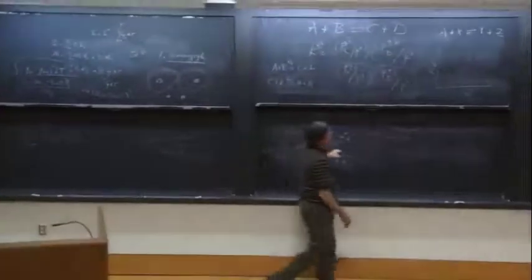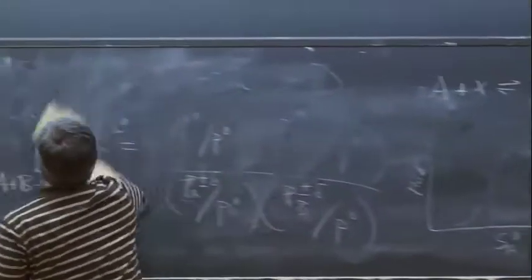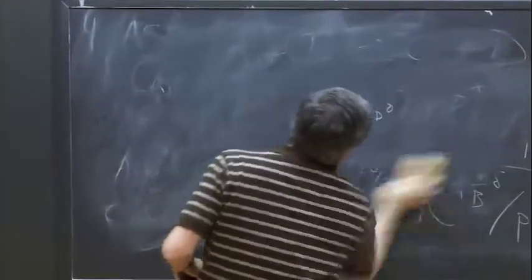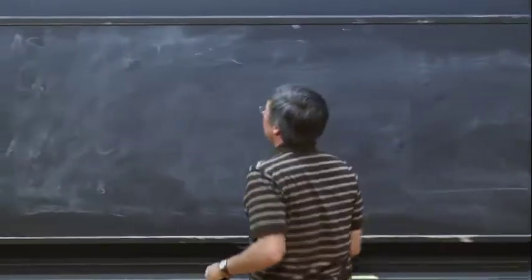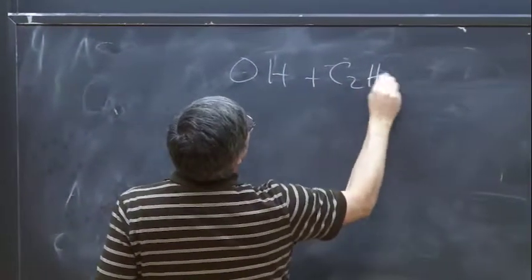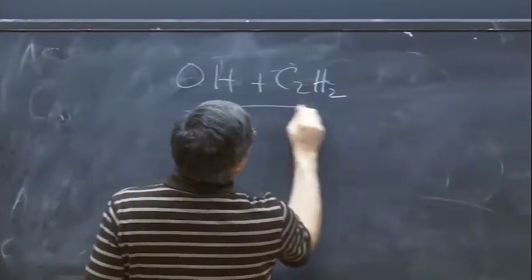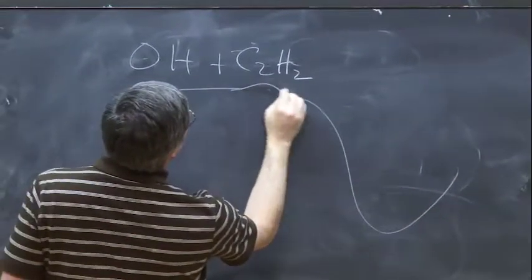when the OH reacts with the C2H2, it can make this molecule, has like maybe a low barrier here.